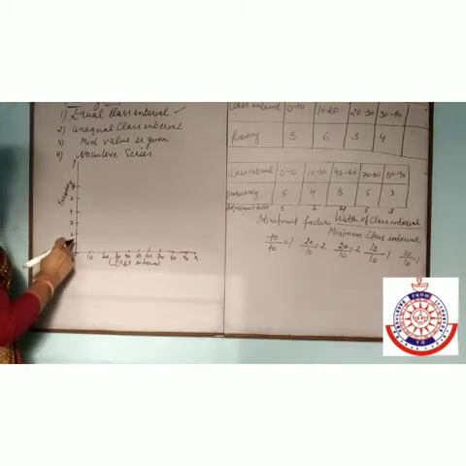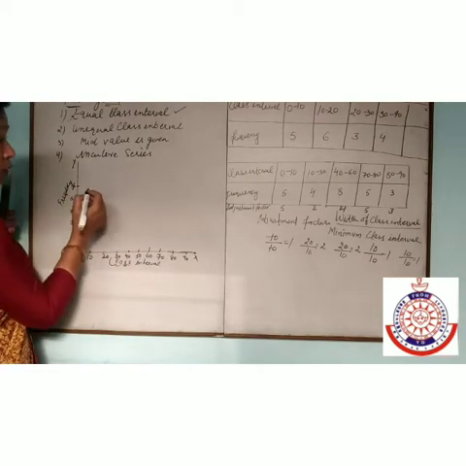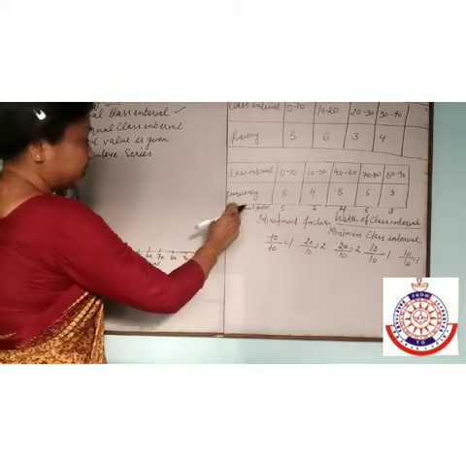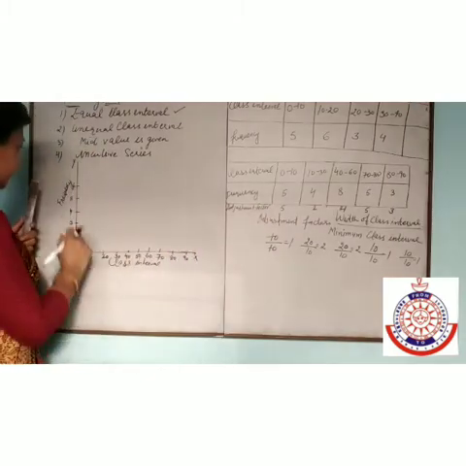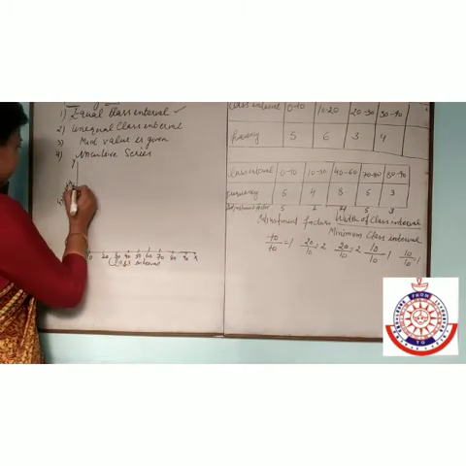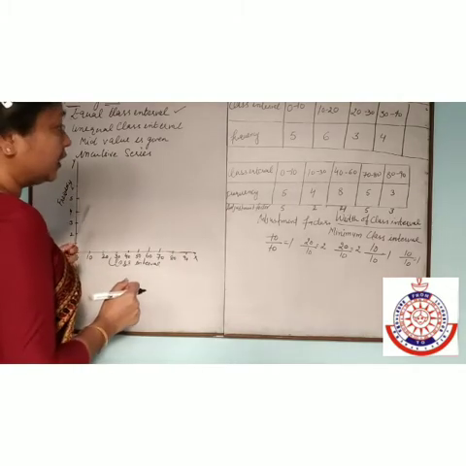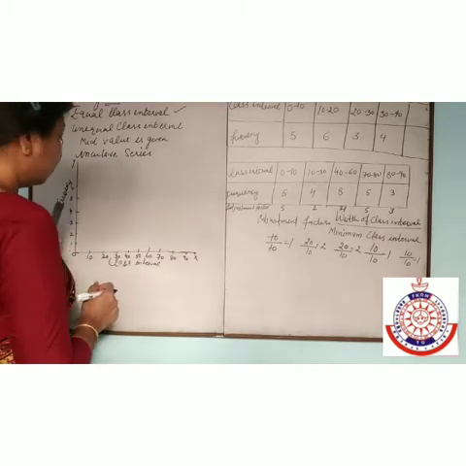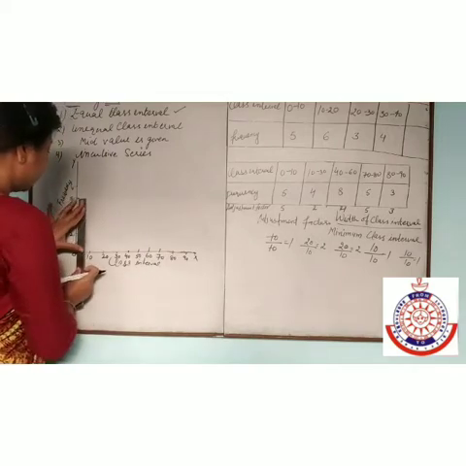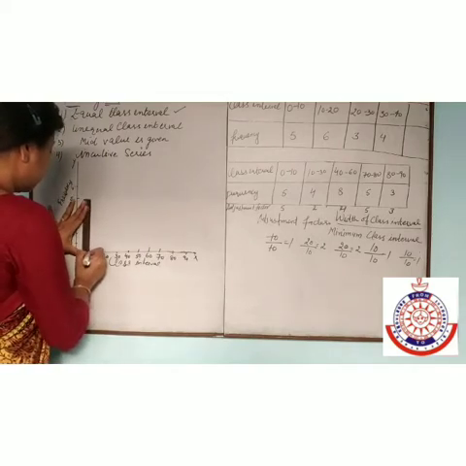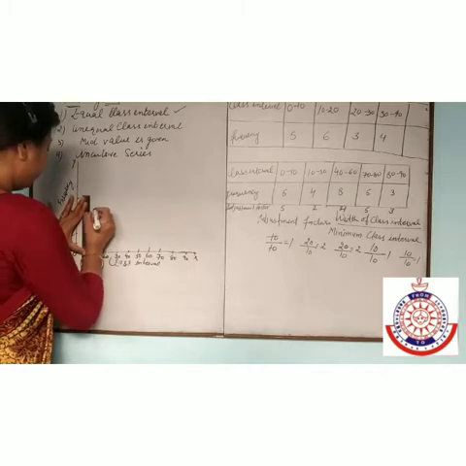On the OY axis, we will take only 5 values, because the adjustment factor is maximum 5. The first class interval is 0 to 10, the adjustment factor is 5, so we will make the histogram up to the 5 value.